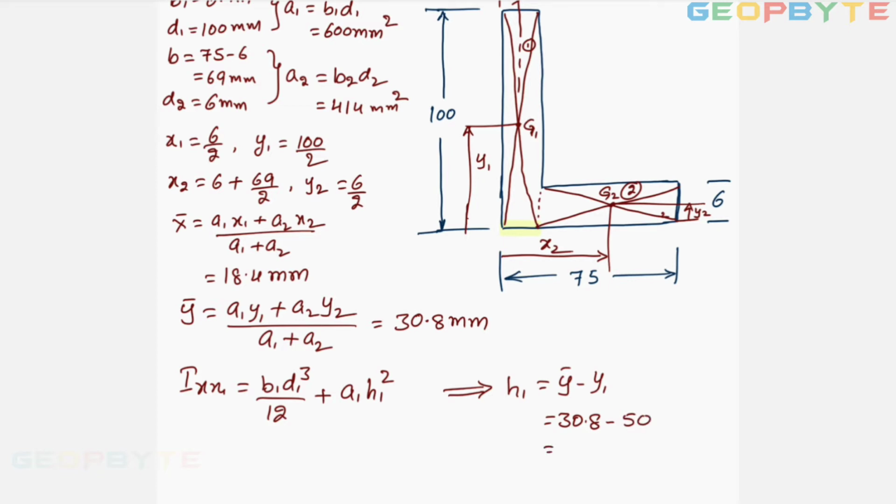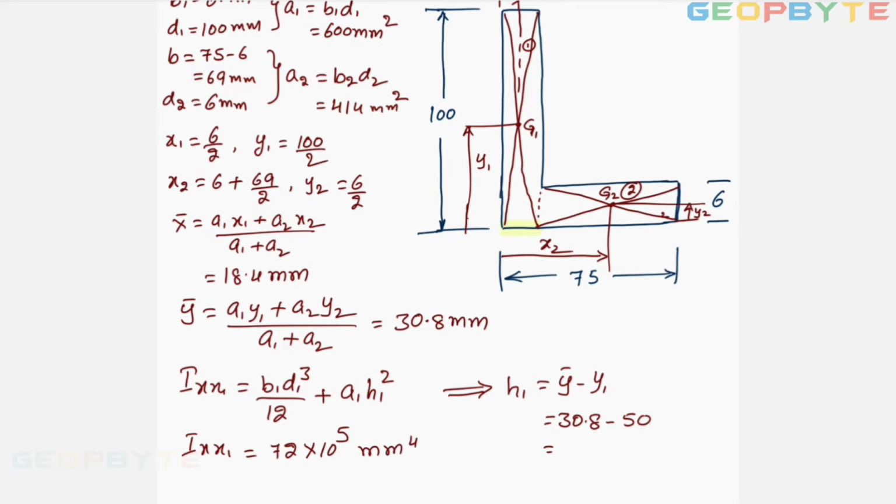Remember, though h1 is negative, definitely the square of the negative value is positive only. So that is the h1 value. Then Ixx1, you put all these values. Directly I am writing because I have limited space. You put all these values for getting 72 into 10 raised 5 mm power 4.